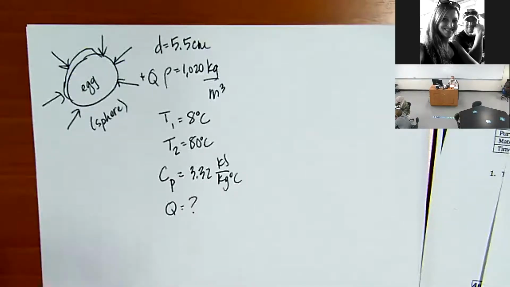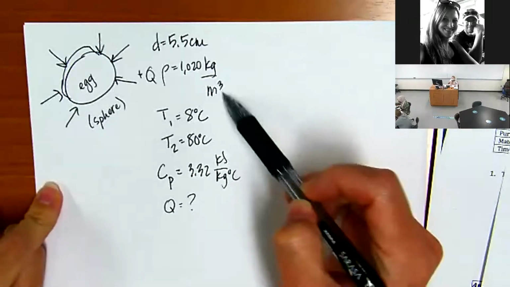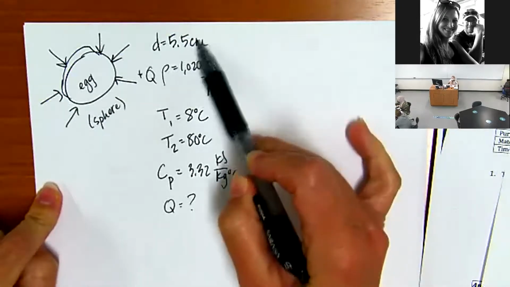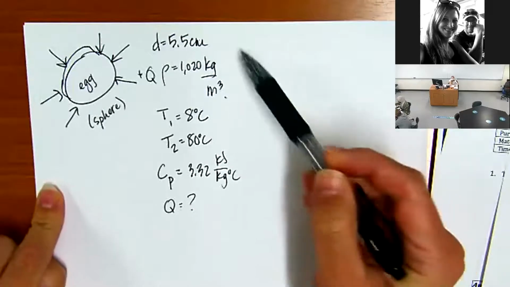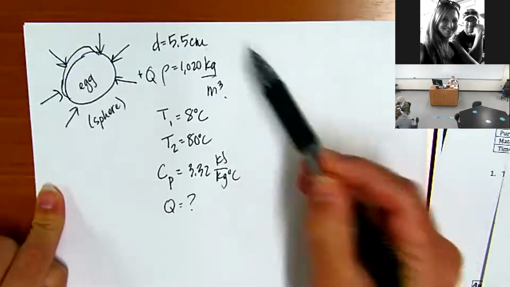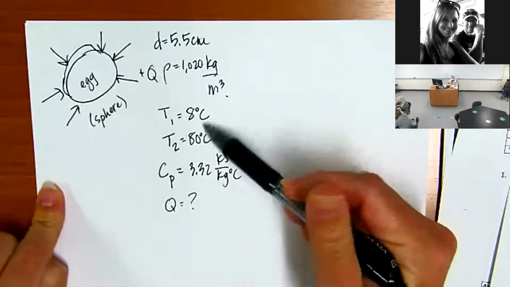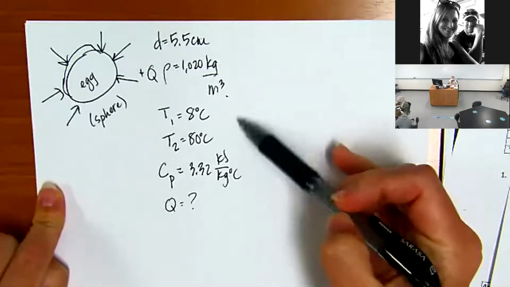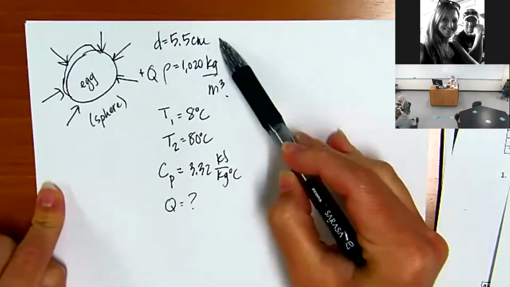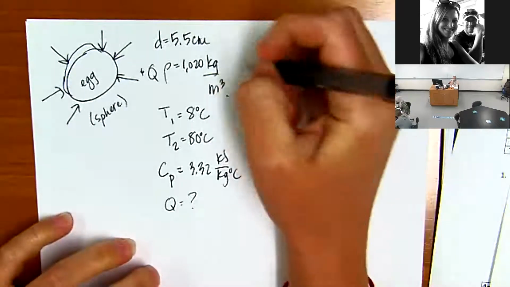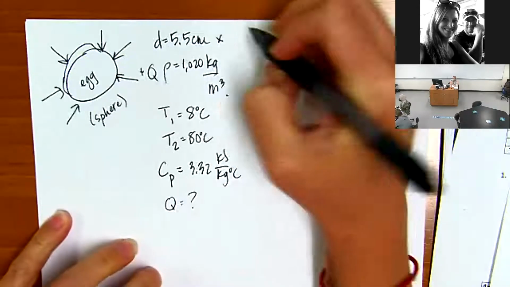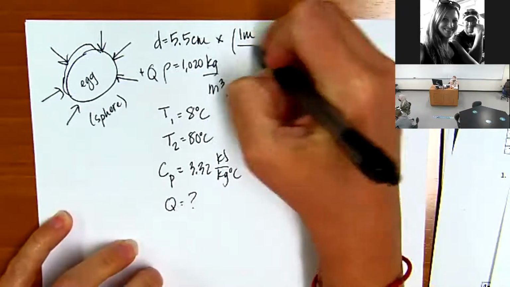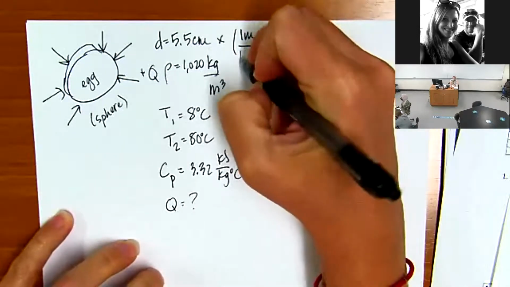One thing that I'm going to do right off the bat, because it's the way my brain works, is convert either this to centimeters or this to meters. It is easier for me to convert centimeters into meters, so I'm going to convert this right now, and I'm going to check that the rest of my units seem to be lining up. So it seems like the only unit mismatch I really have is this 5.5 centimeters. So I'm going to convert this into meters. 1 meter is 100 centimeters.